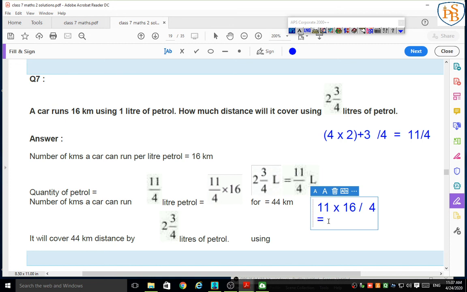So I will get directly 11 into 4, 4 4s are 16. So here I will write 4 and my answer will be 11 4s are 44. So how much distance will it cover using 2 and 3 upon 4 liters of petrol? That is 44 kilometer. Okay, this is question 7.